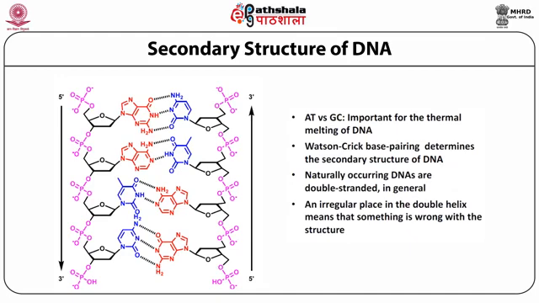Then another strand can come in the opposite direction, 3' to 5', and that's where hydrogen bonding between the base pairs can happen in the interior core of this double strand of DNA.